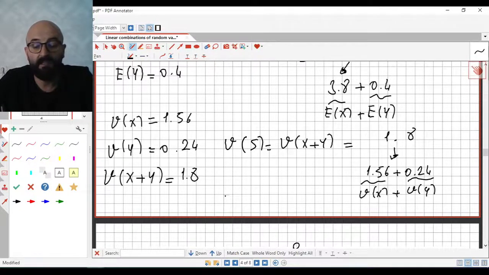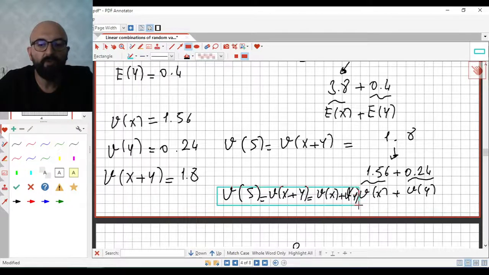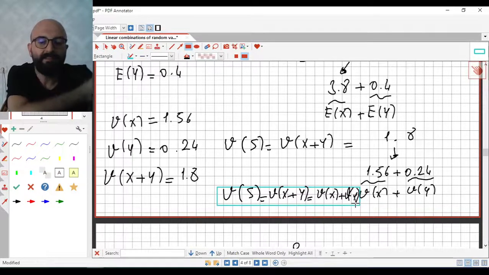It means that the variance of s, the variance of x plus y, means the variance of x plus the variance of y.